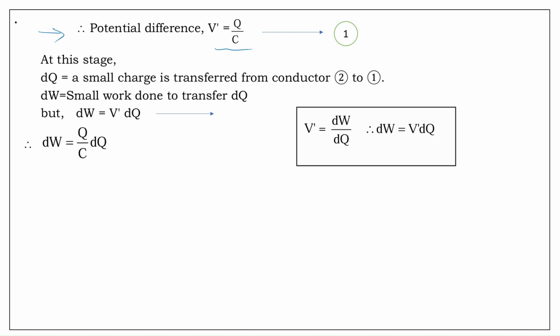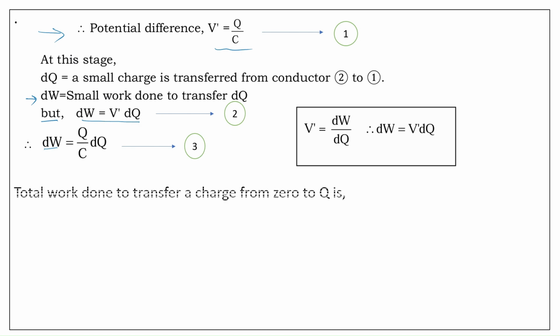Here dq is a small charge transferred from conductor 2 to 1. dw is the small work done to transfer dq. But dw is equal to V dash into dq. Mark as equation 2. Therefore, dw is equal to q by C into dq.